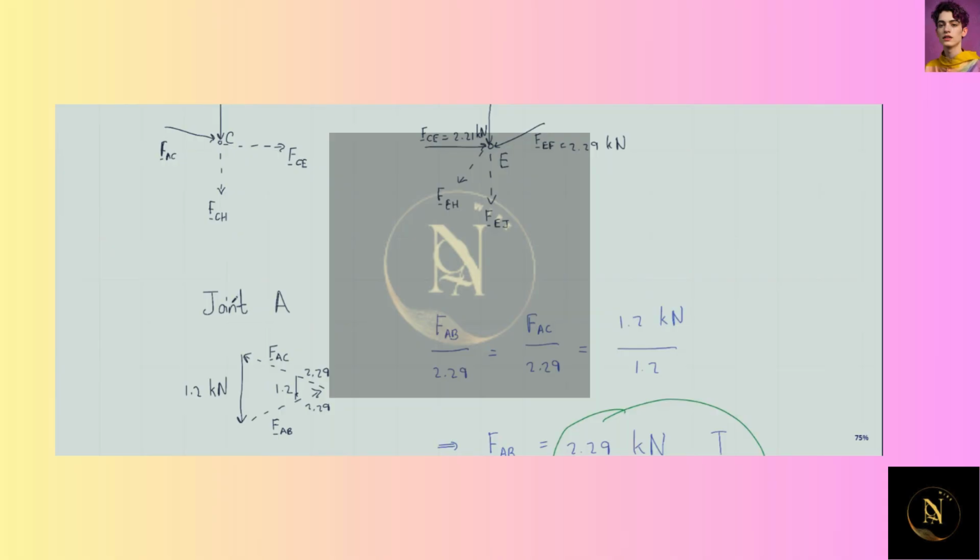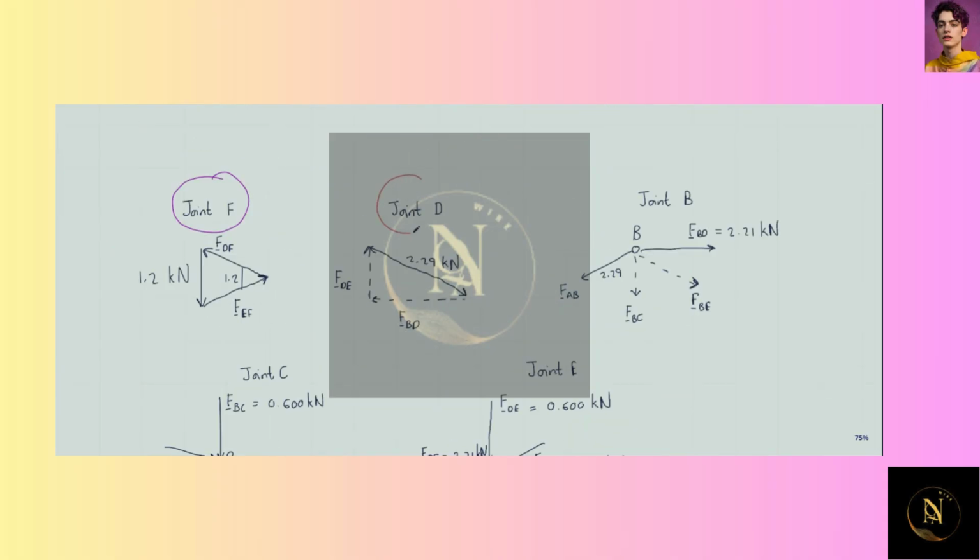Next, we're going to joint D. So we've drawn the free body diagram for joint D as above. Now, using this free body diagram, we have that the force FBD over 2.21 is the same as force DE over 0.6, and this is equal to 2.29 kilonewtons over 2.29.